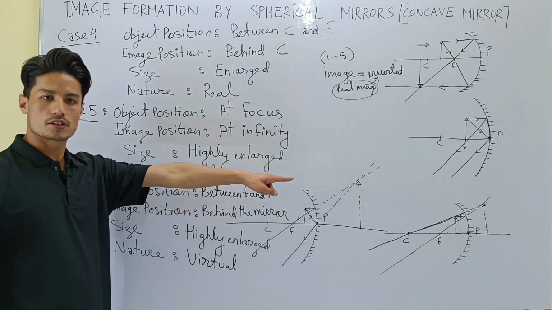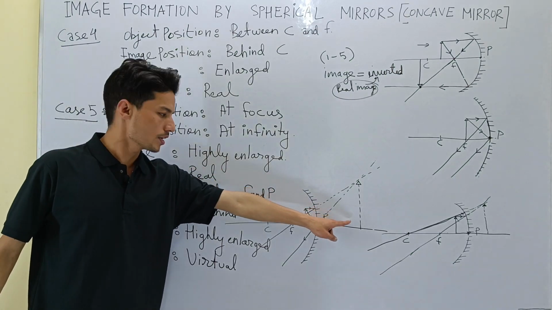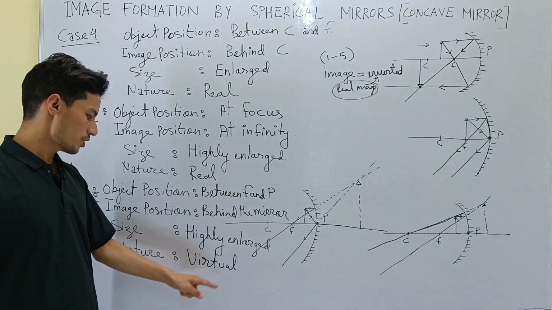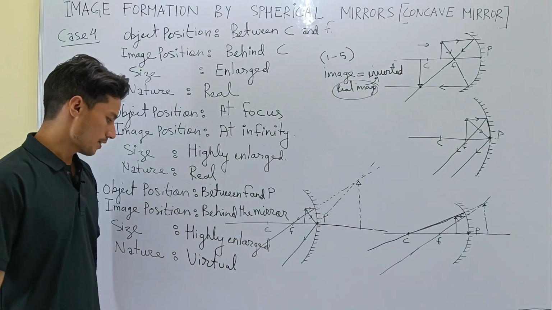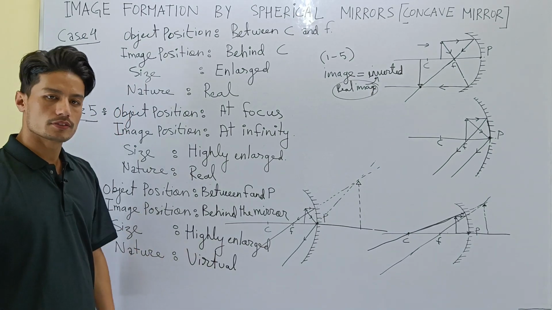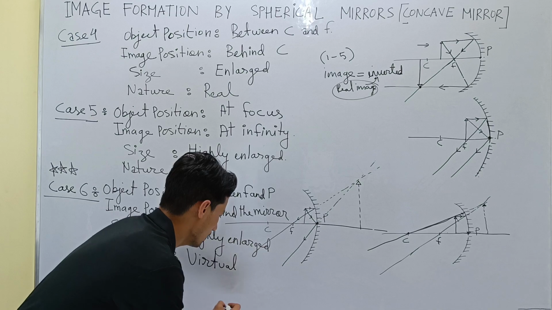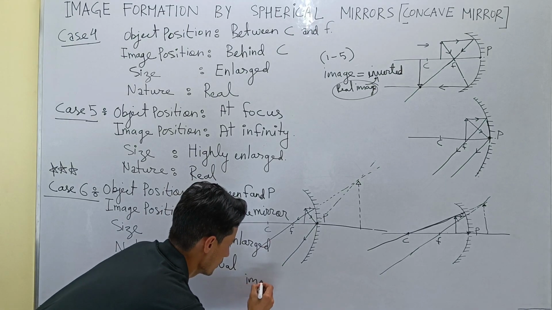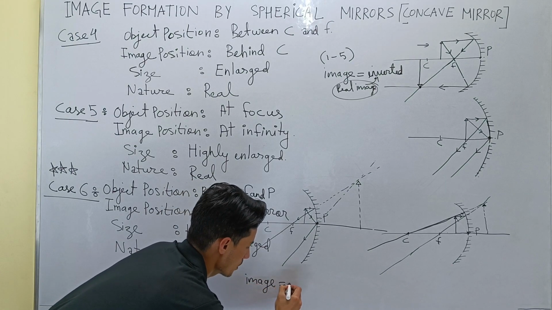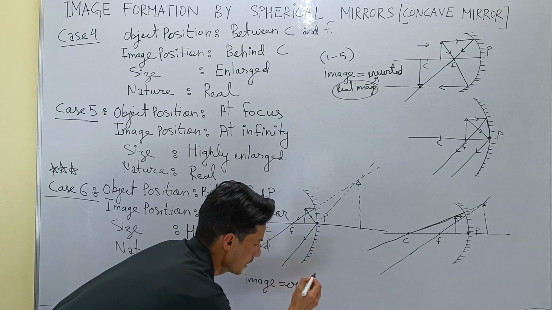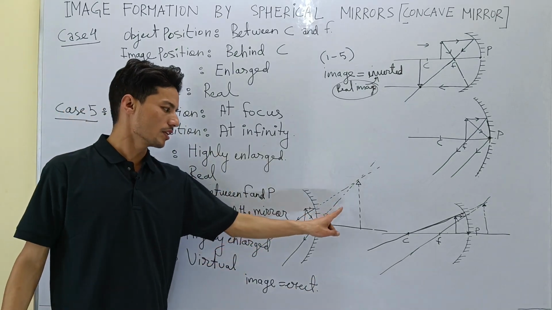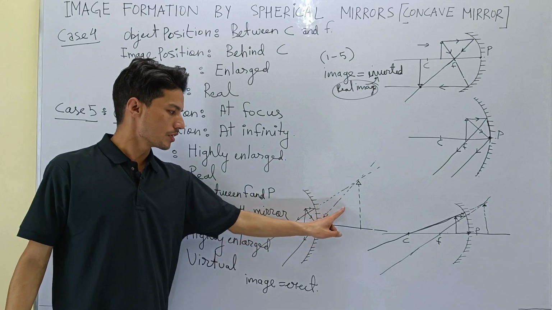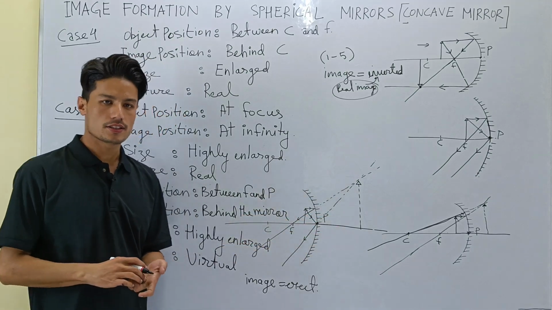This is a virtual image. That's why it is erect. So nature: virtual, and image is erect. In this case, the only case in a concave mirror where you get a virtual image is this.